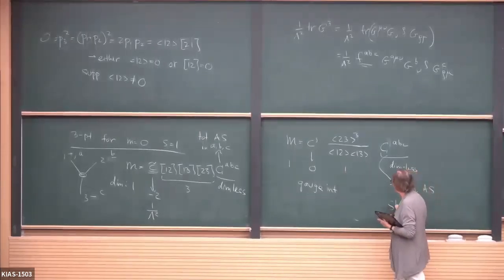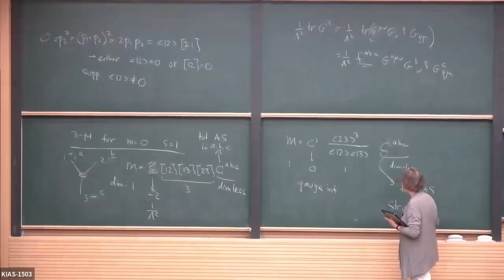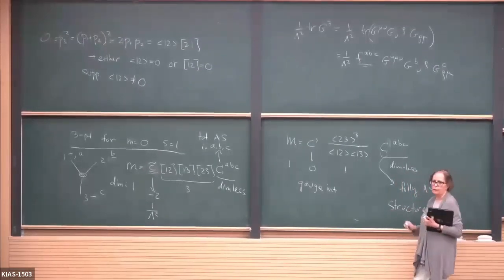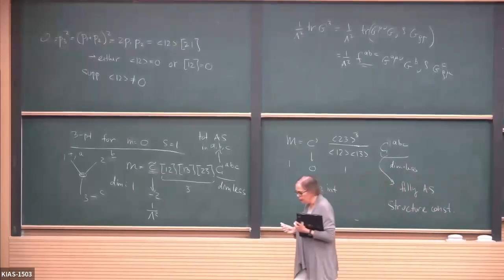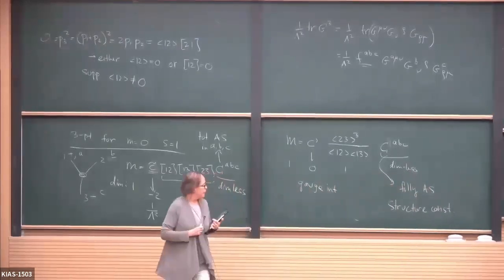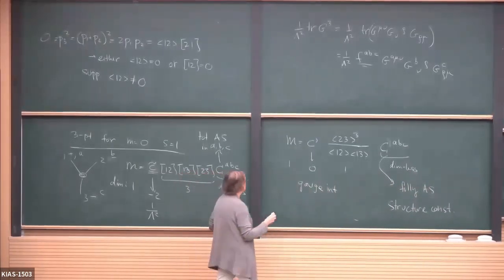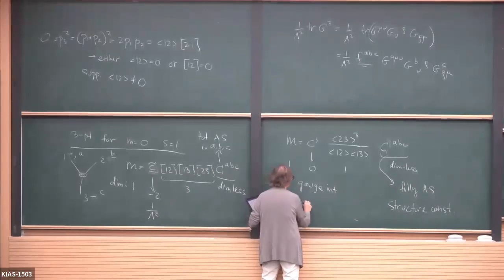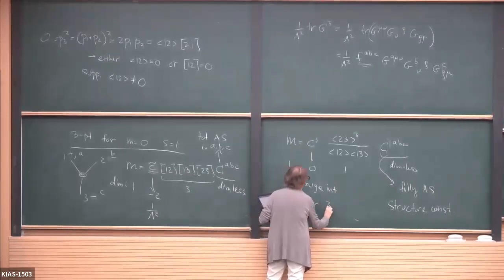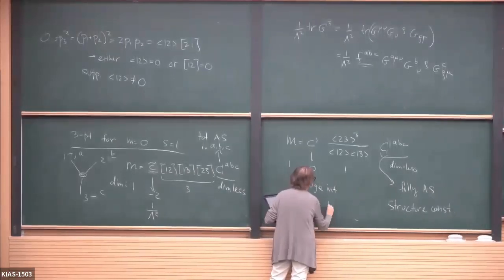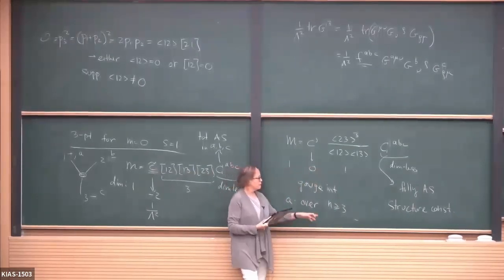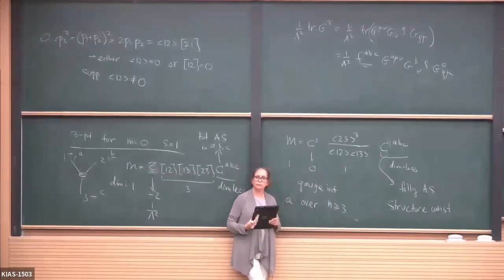Again, this is like the structure constant of some gauge group. In particular, we learned that the index A has to run over n values that's larger or equal to 3.